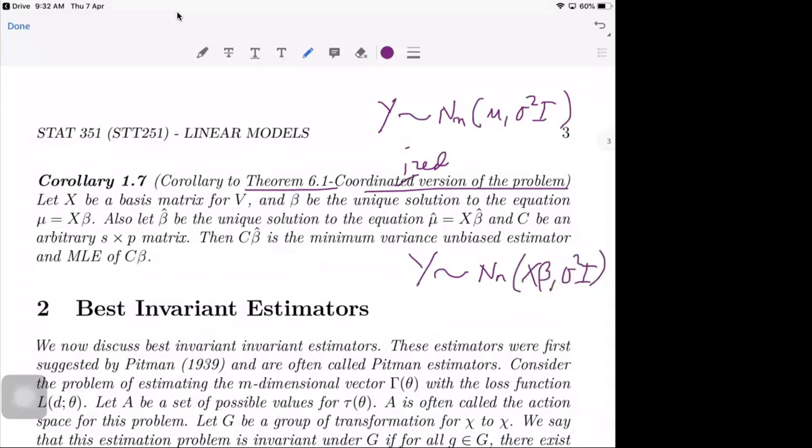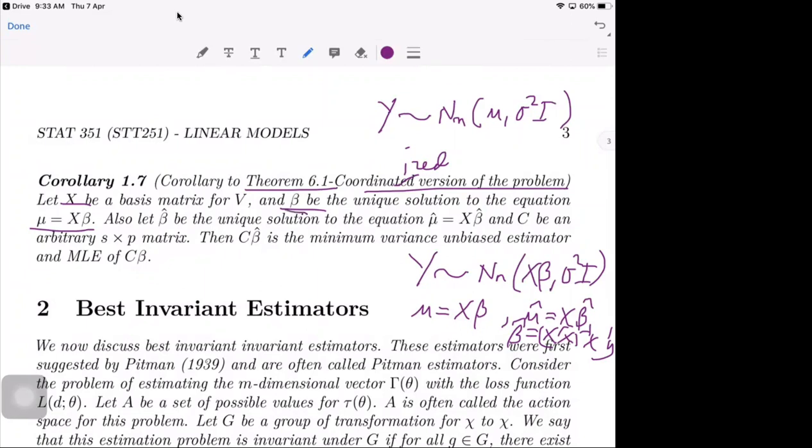So in this notation, X is a basis matrix for V. Beta is the unique solution of the equation mu is equal to X beta. So your mu is X beta. So your mu hat will be an estimate X beta hat. And then your beta hat is equal to (X prime X) inverse X prime Y, no? Or X prime mu.